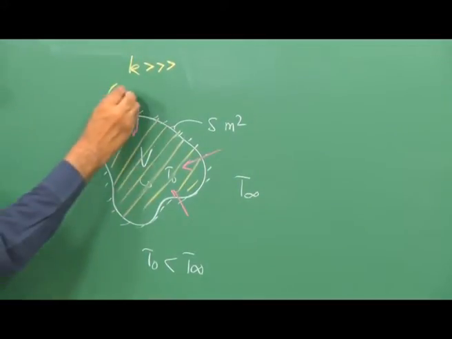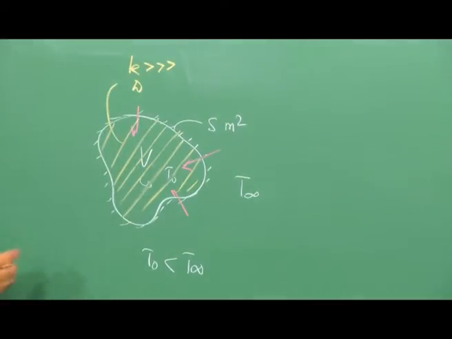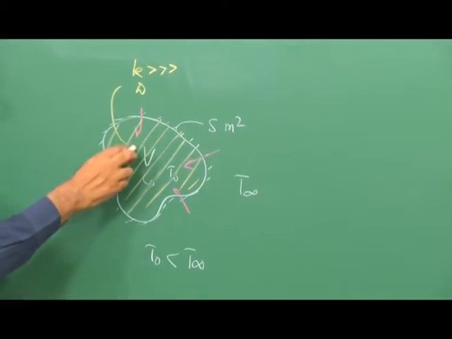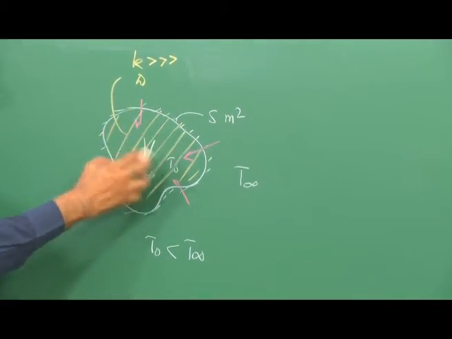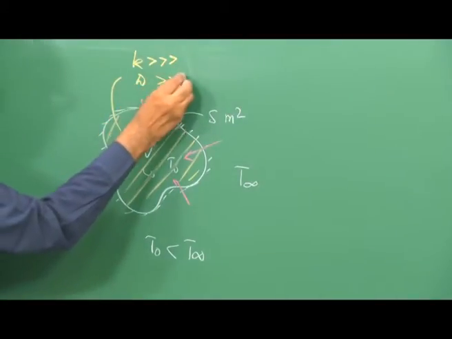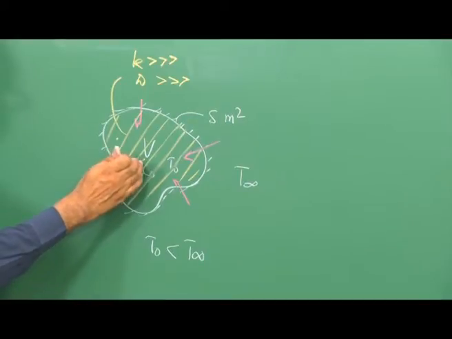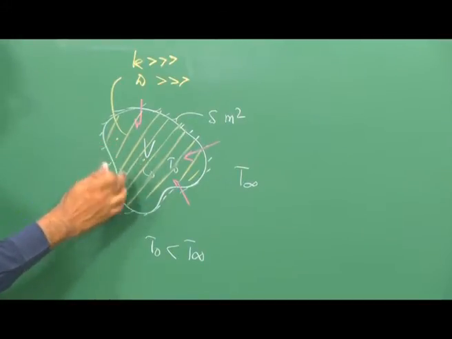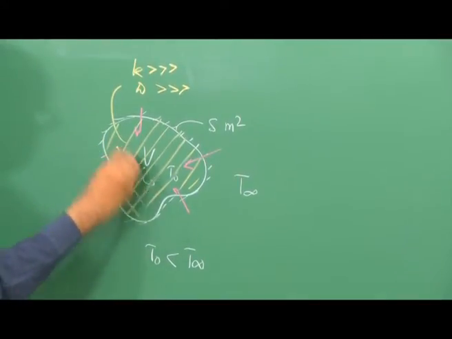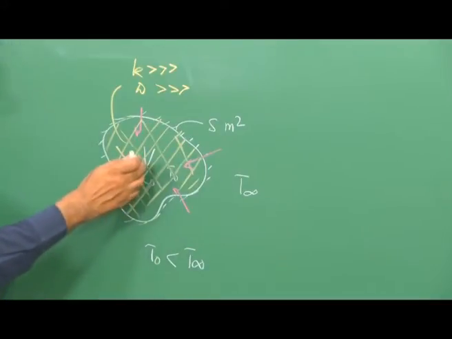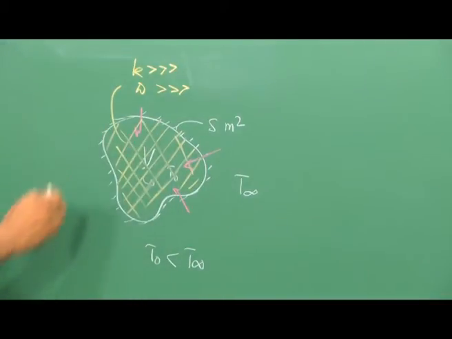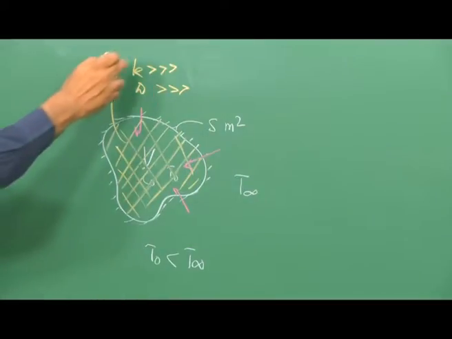Let us also assume that the diffusivity is so large that the concentration at all places is the same. That means we are assuming a point here and a point here has identical temperature, identical concentration.